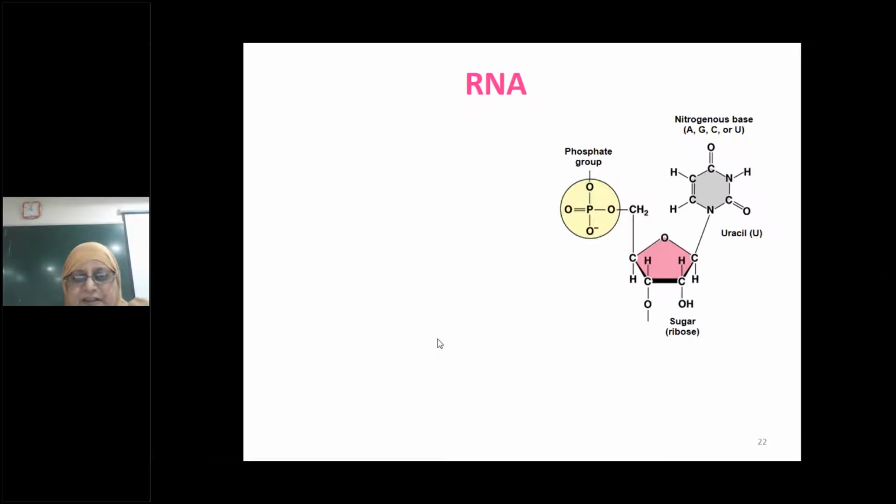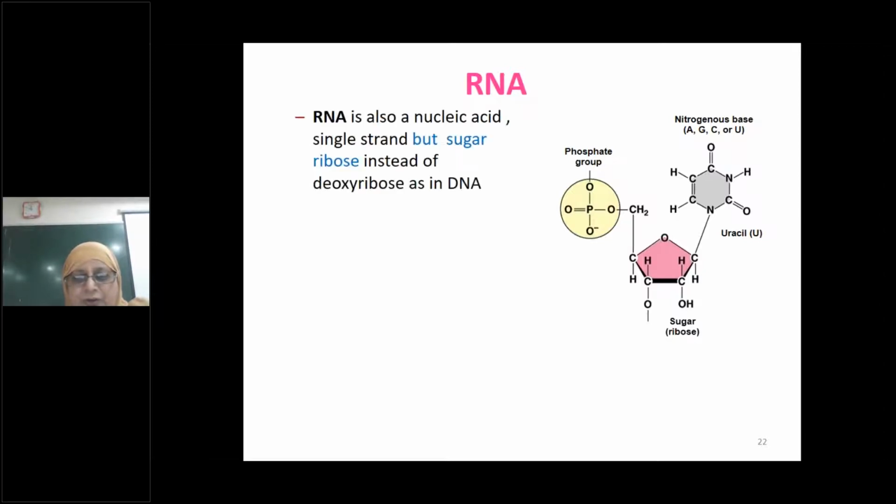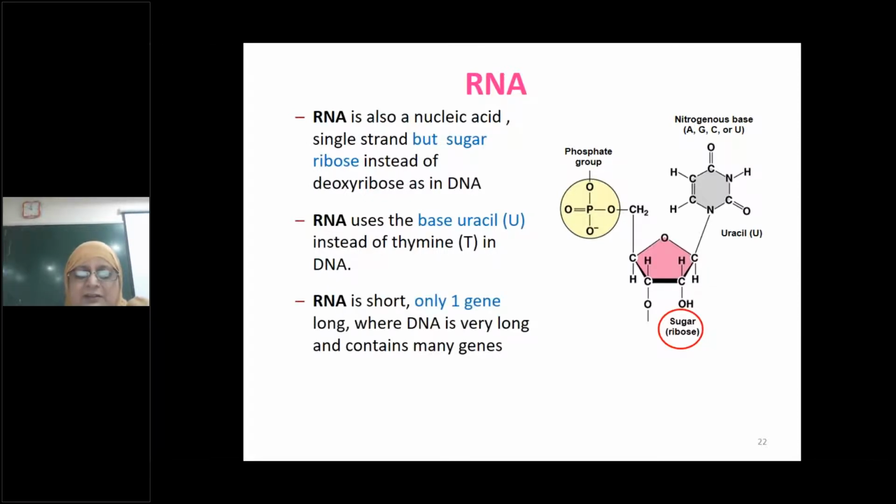We'll briefly go through the structure of RNA and how it differs from DNA. In DNA replication, we saw that deoxyribonucleotides take part. RNA is also a nucleic acid. It is single-stranded, but here the sugar ribose is present instead of the deoxyribose as in DNA.